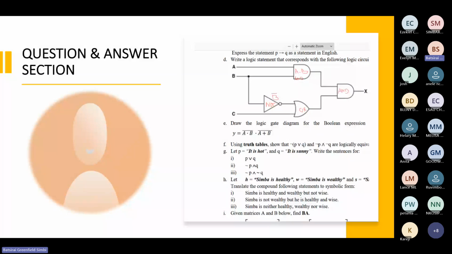We say our value is B complement plus C. Because we have an AND gate, it's this expression times this one. So it will be A dot B, we have this in brackets, then dot B negation plus C.